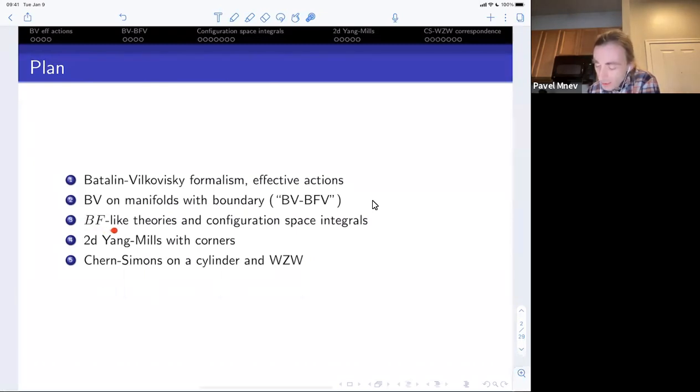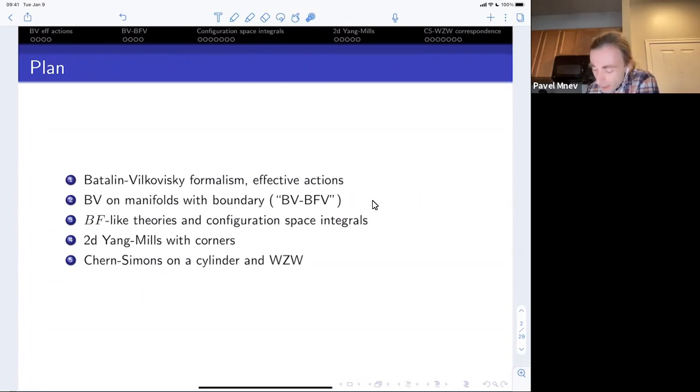So, examples. How it works in the case of a special subclass of so-called AKSZ topological sigma models, a special subclass which we call BF-like theories.